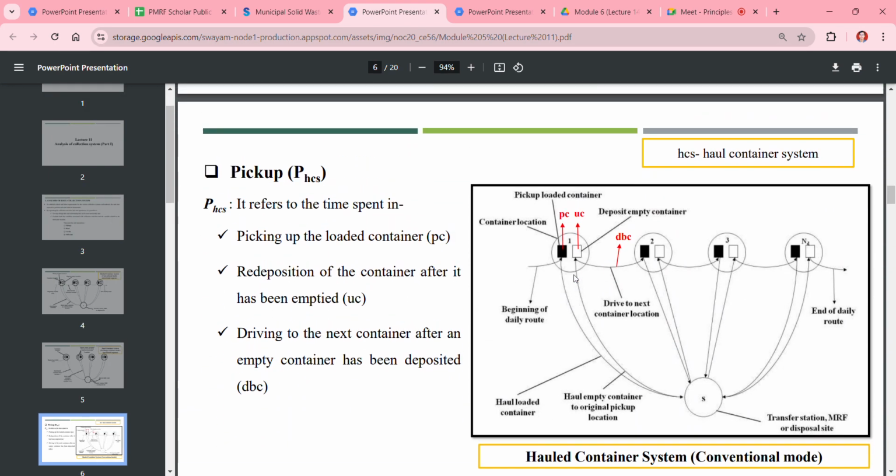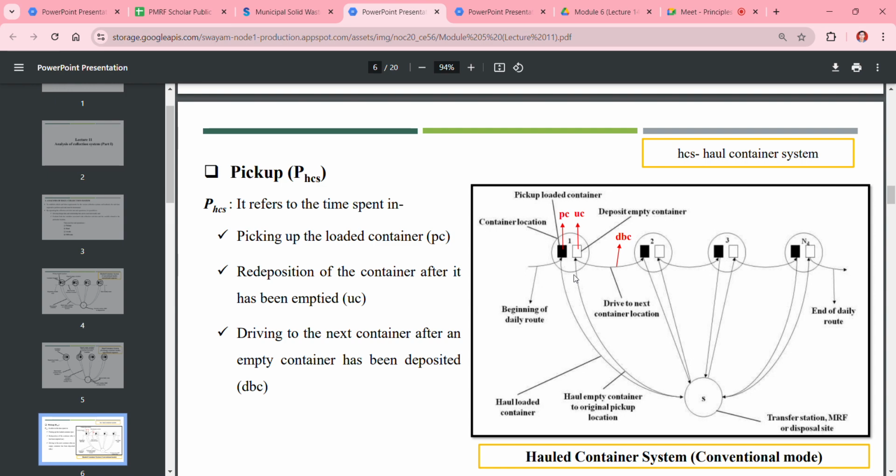Then there are some calculations regarding the timing to complete that pickup in haul container systems. We have to calculate that to calculate the whole economy of the process.